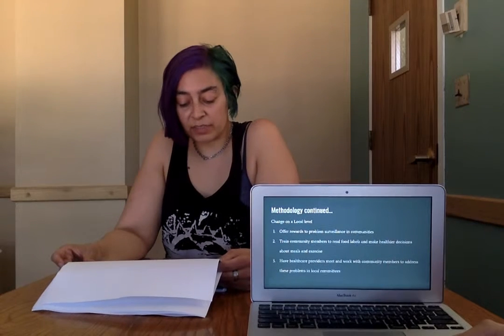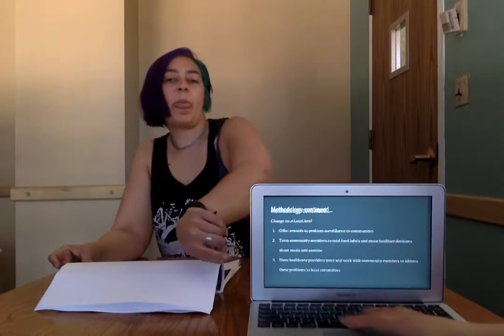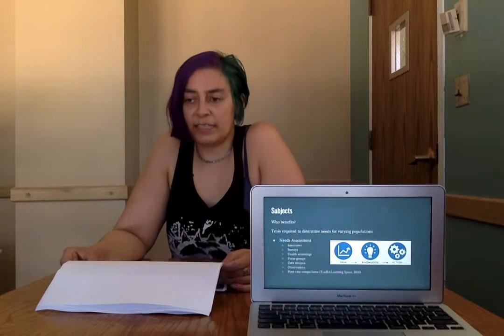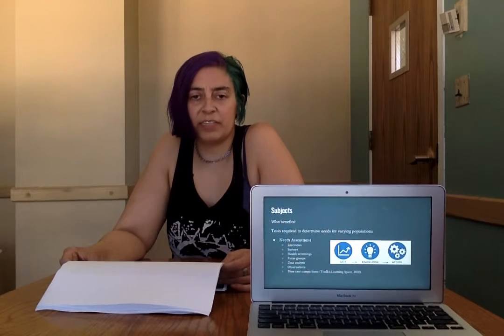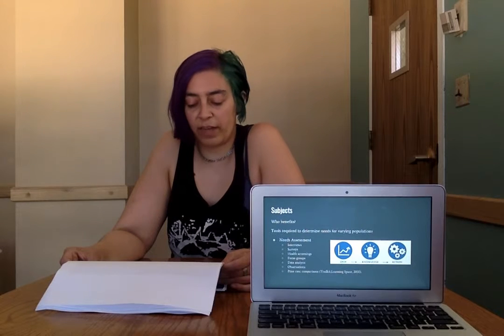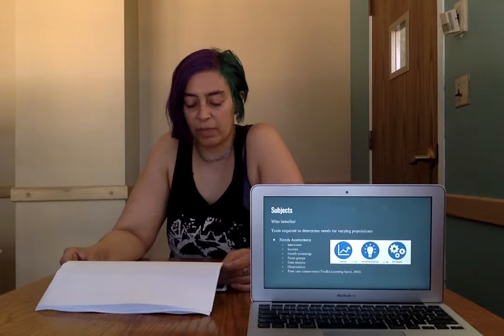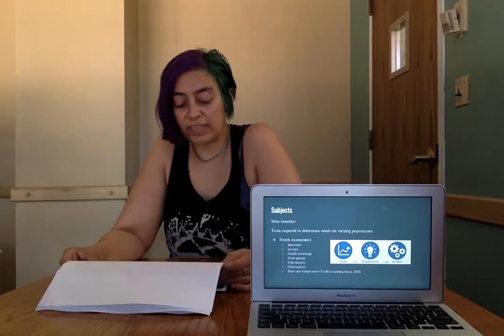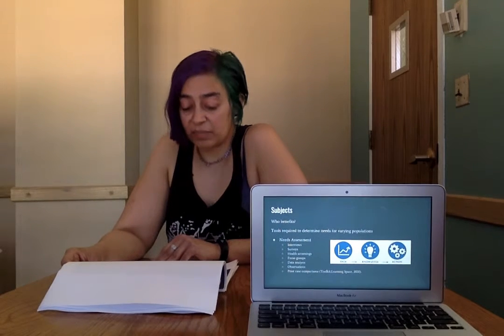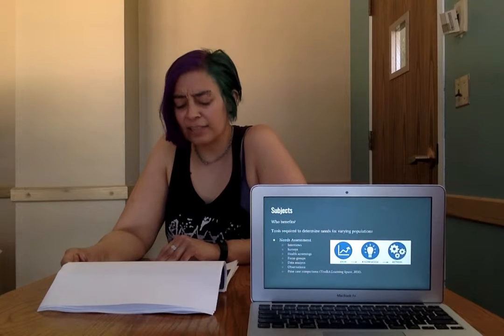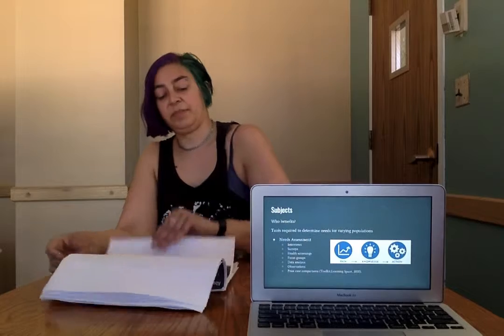As for who benefits, I think everyone would be benefiting from this type of change, providers and patients or recipients, however you want to label them. It's necessary to conduct a needs assessment, such as interviews, surveys, health screenings, focus groups, data analysis, observations, and prior cases.